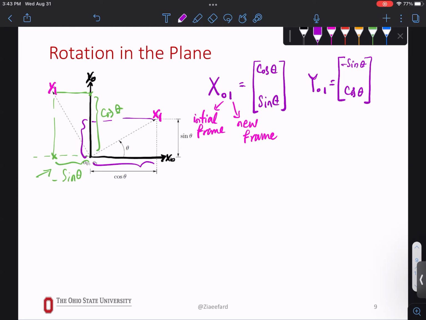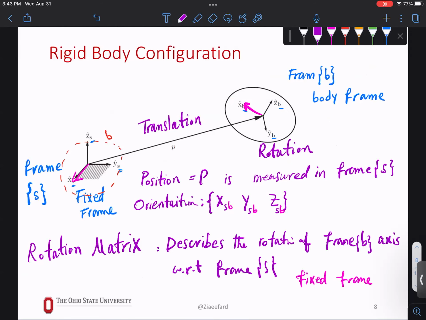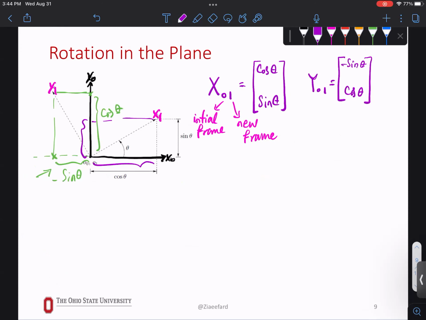Now, do you remember that to find the orientation or rotation matrix, we needed to put these next to each other? The z-axis didn't change, so I only have x0,1 and y0,1. So the rotation becomes whatever x0,1 is and whatever y0,1 is.